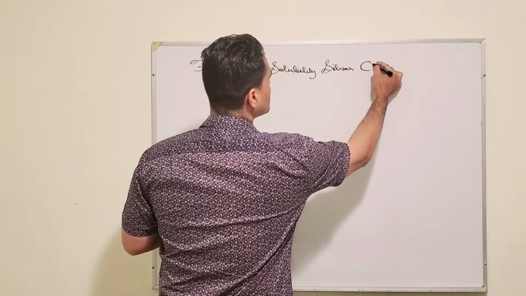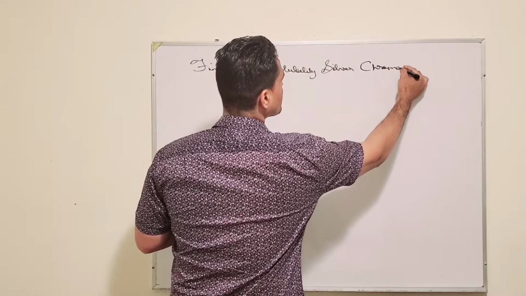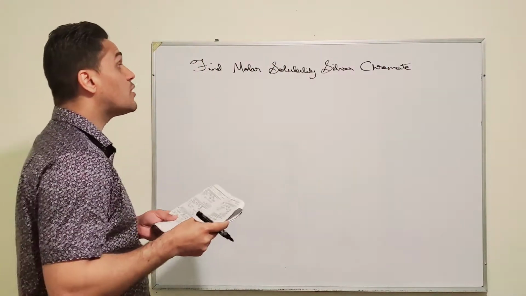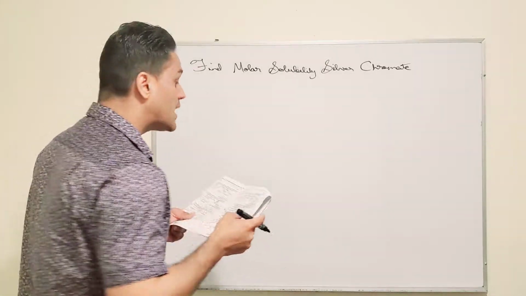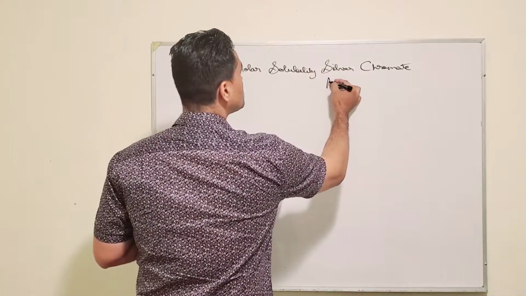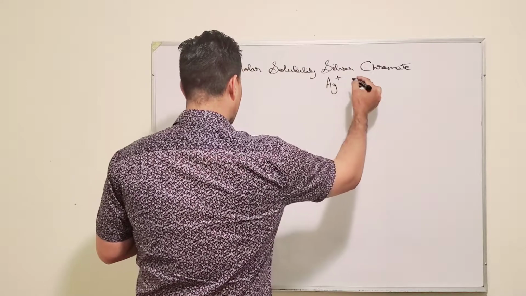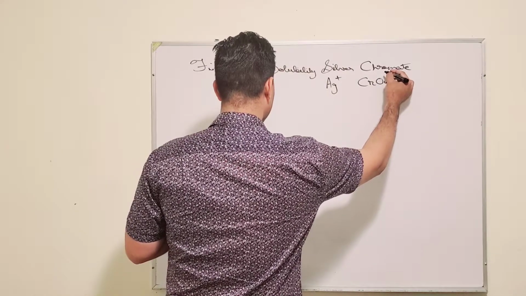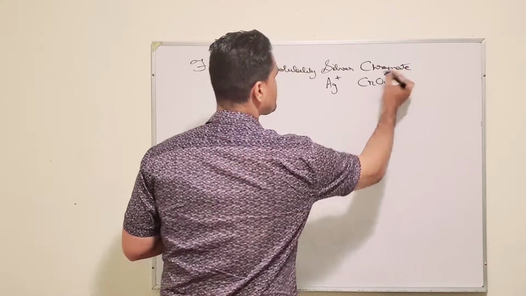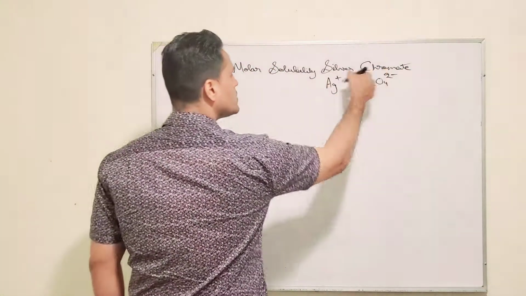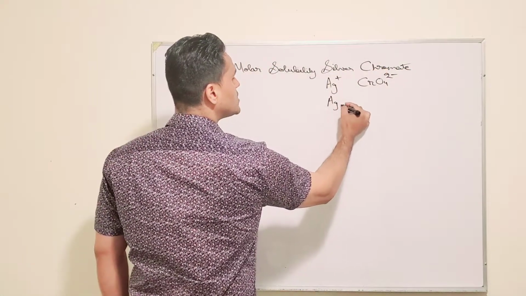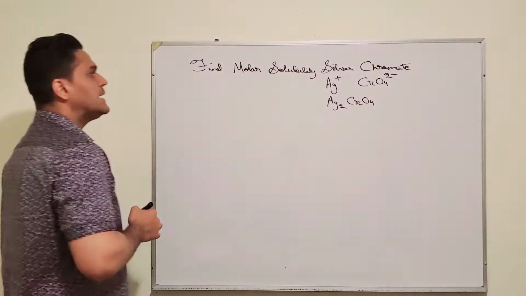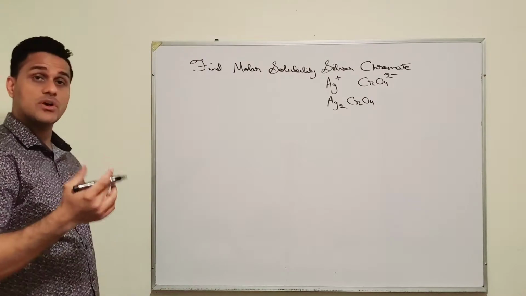So as a first step, we need to know what the formula for silver chromate is going to be. Silver is Ag plus, and chromate is CrO4 2 minus. So they're going to crisscross, and you get Ag2CrO4. And the question is asking us to find the molar solubility.